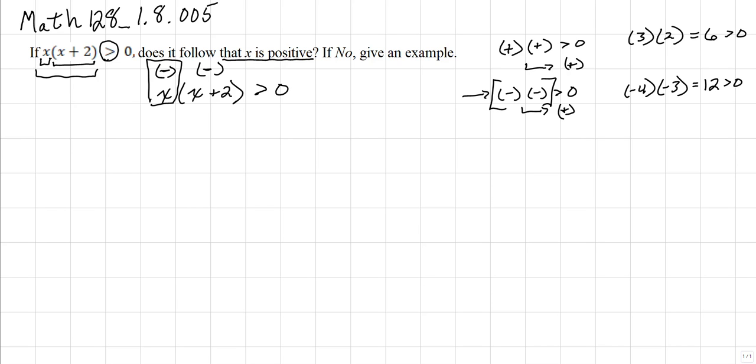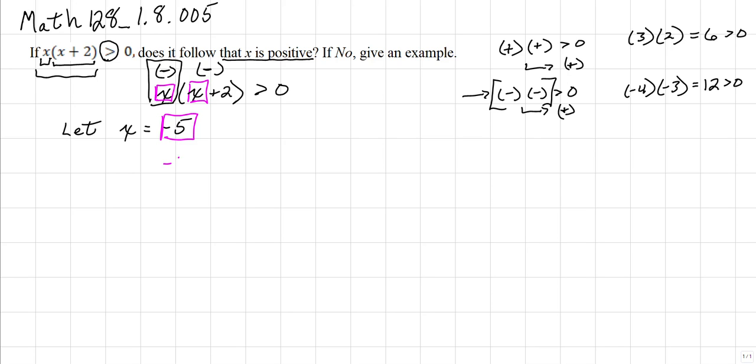For example, let's choose a negative value for x. And I've kind of already done that, but let's go ahead and say, let x be equal to negative 5. That means that I'm going to replace this x with negative 5, and I'm going to replace this x with negative 5.